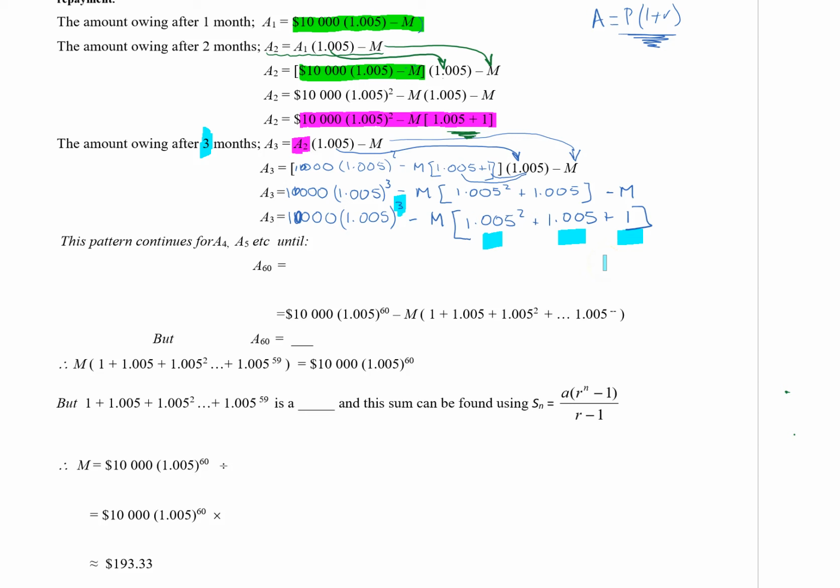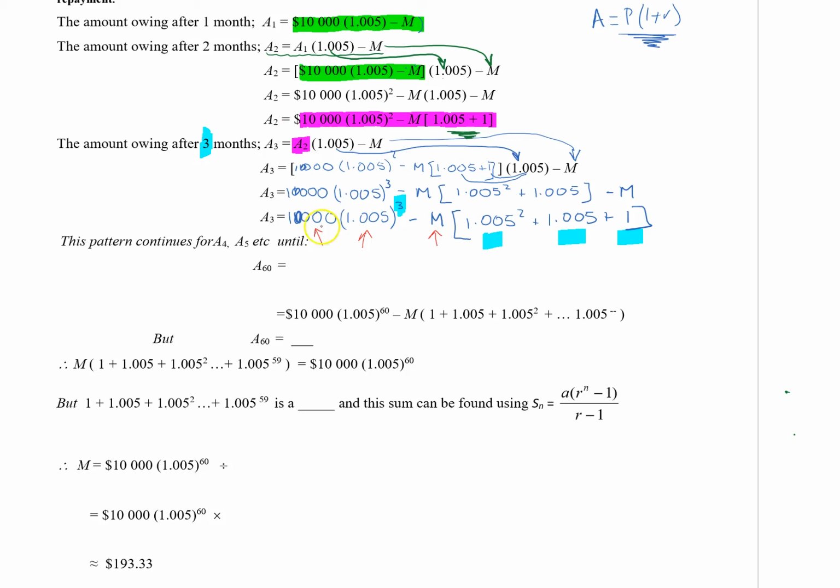This is the unknown. The m is obviously the unknown. The 10,000 was the amount borrowed. This is your 1 plus r, and like I said, that is your payment. So what's going on?